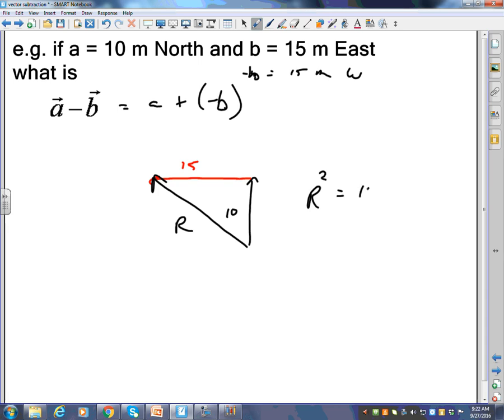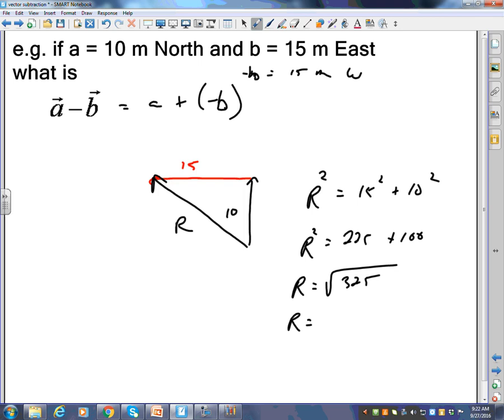R squared equals 15 squared plus 10 squared. Fifteen squared is 225. 10 squared is 100. I can't do square roots in my head though, unless they're things like 9 or 16.